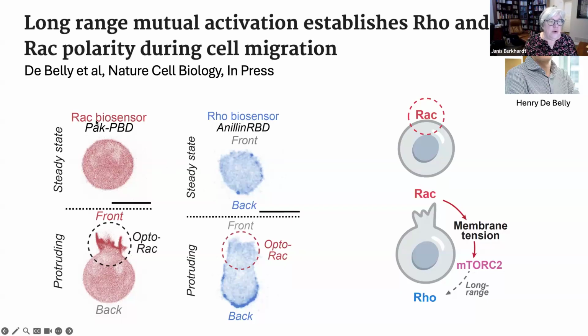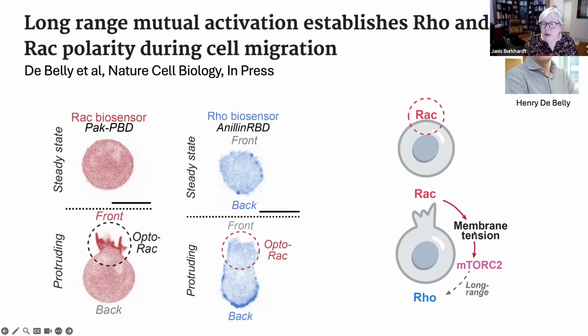And what he found was that you could activate RAC, and of course, you get RAC activation when you activate RAC. But what you also get when you activate RAC is Rho activation at the opposite side of the cell. So that I thought was super cool. And what Henry ultimately could show is that the way that works is that when you activate RAC, you get actin polymerization.